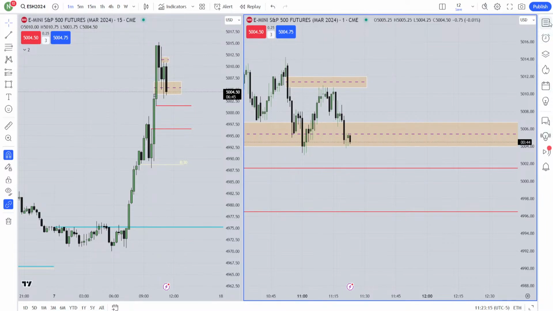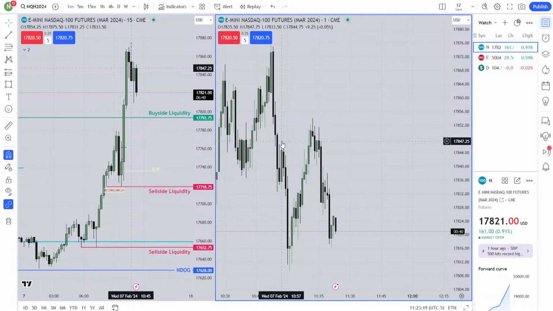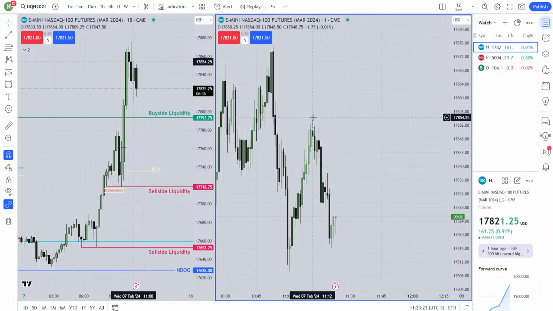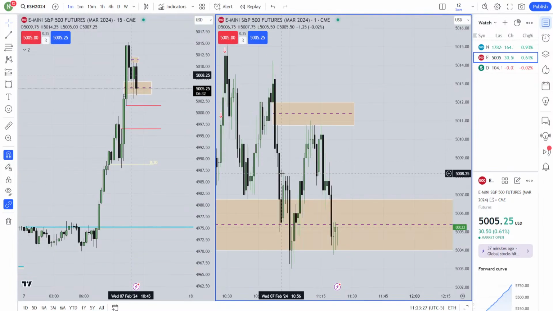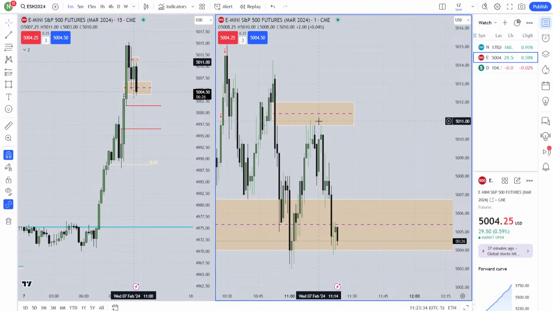Was that an SMT? I really don't know. I mean, it has taken that buy side liquidity at the same time in S&P. It has taken that buy side liquidity, so it is the same thing, right? I mean, it went above. Even S&P went above that high. Nasdaq also went above that high.